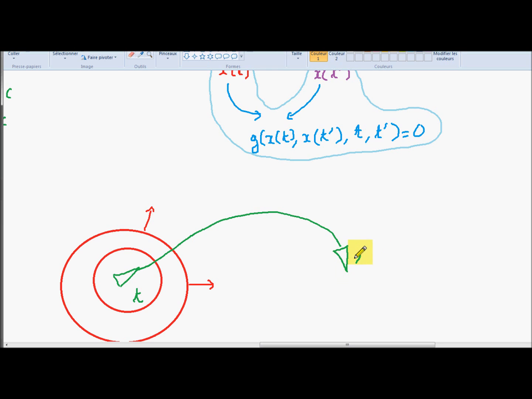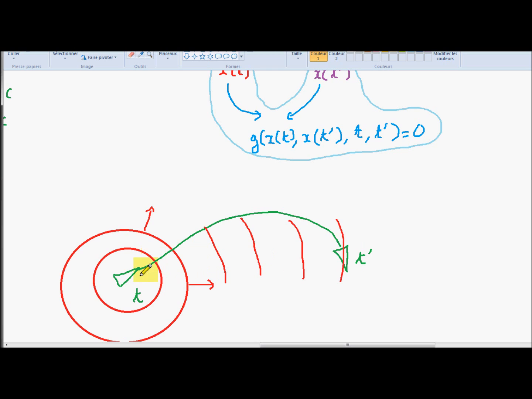So, of course, it will receive the sound that has been emitted at time t. And in this context, it will receive the sound at time t prime.